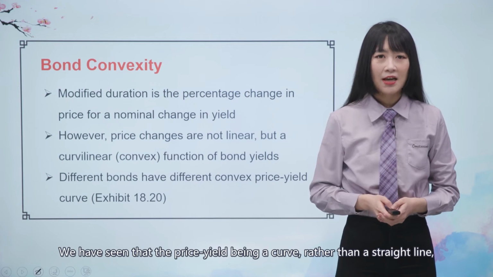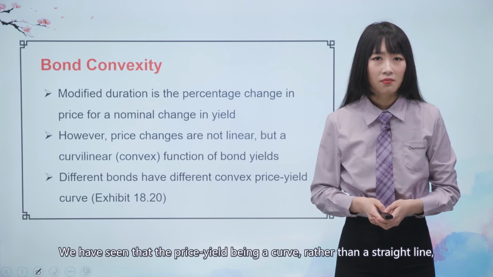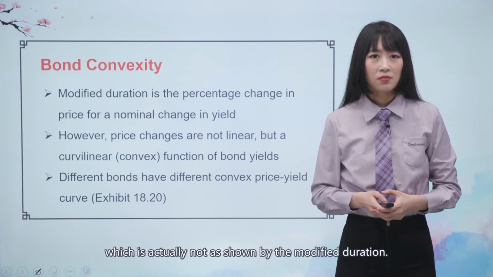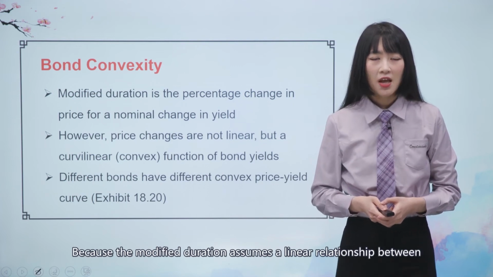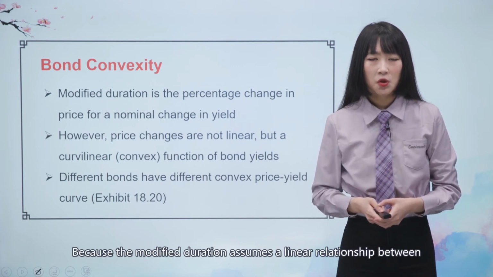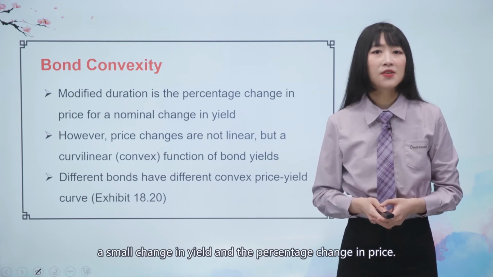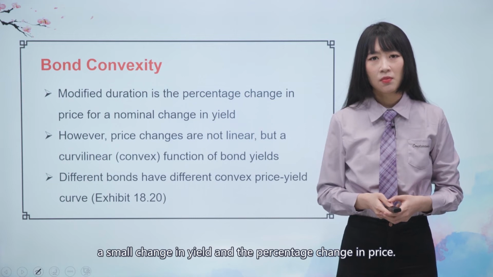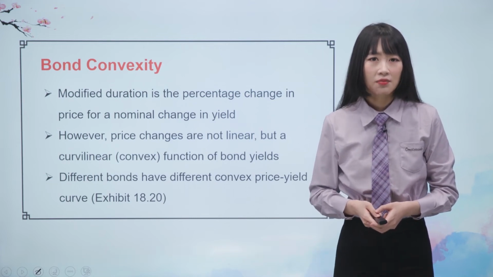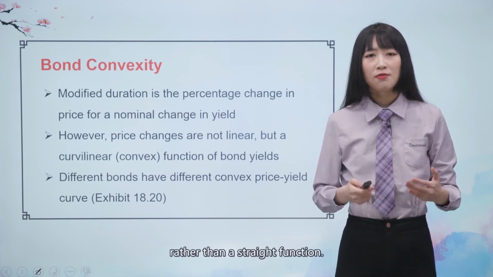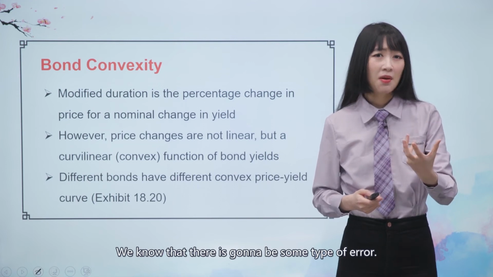We have seen that price and yield form a curve rather than a straight line, which is not shown by the modified duration, because the modified duration assumes a linear relationship between a small change in yield and the percentage change in price. Because we know that the actual price-yield relationship is a curve rather than a straight function, there is going to be some type of error.